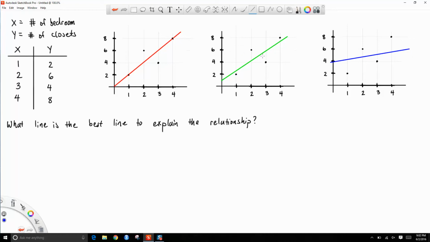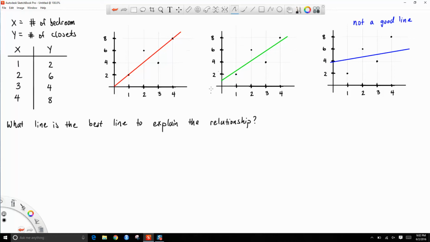How do we decide which one is best? This would not be a good line. Our eyes can tell us that already. But as far as the difference between the red line and the green line, what line is the best line to explain the relationship?